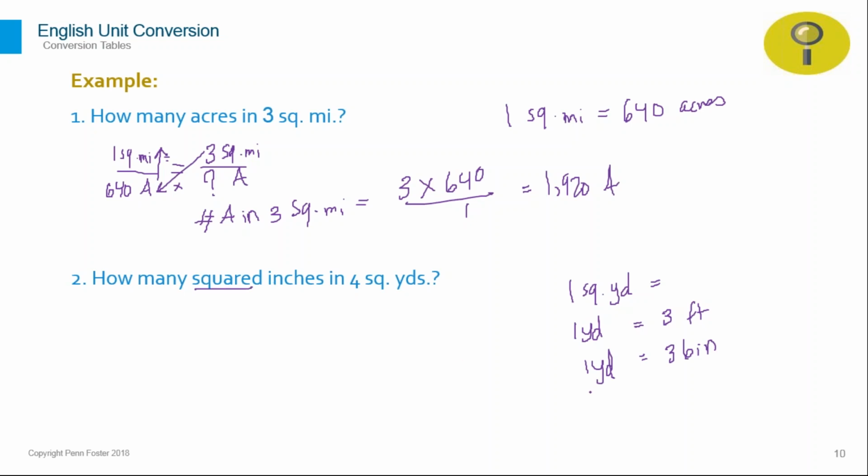So 1 squared yard would be 1 times 1, so the 1 squared yard. And then 36 times 36 will give me the number I have on the table, which is correct: 1,296 squared inches. I like what happened now, because this is a good way to know the background knowledge that we use.